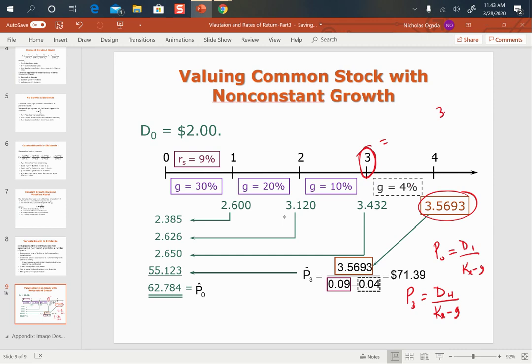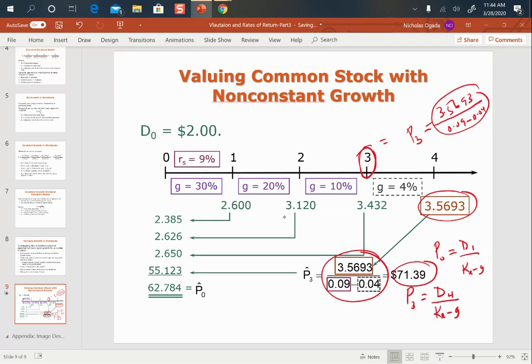So you'll take the 3.5693 and divide it by the difference between the required rate of return, which is 9%, and the growth rate, which is 0.04. This will give you P3, the price of the stock in year three, which in this case becomes 71.39.